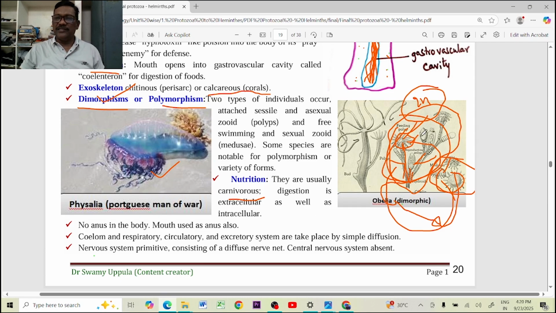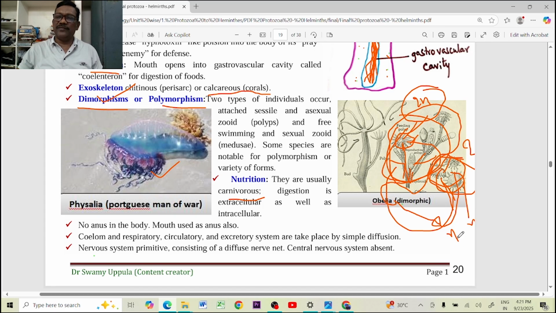Now this 2n asexual form develops the medusa in the gonangium. The medusa is also in the 2n stage. The reproductive organs in this medusa undergo meiotic division, or meiosis, and form haploid gametes with n number of chromosomes.